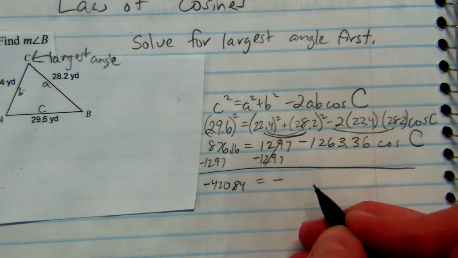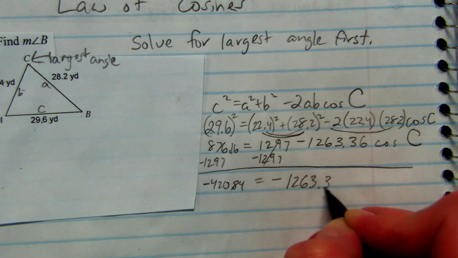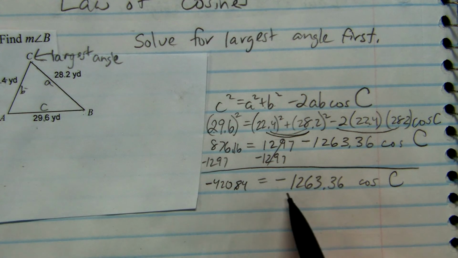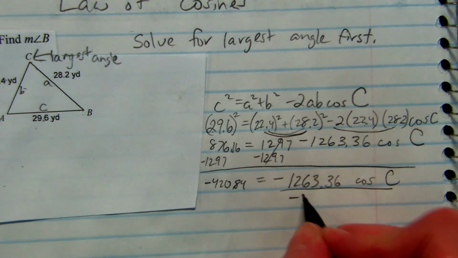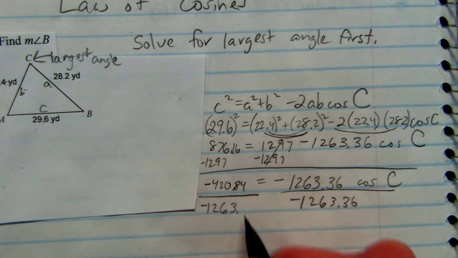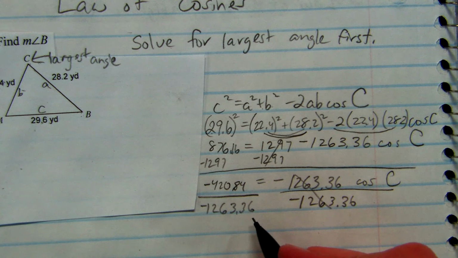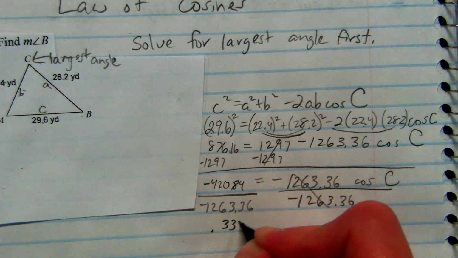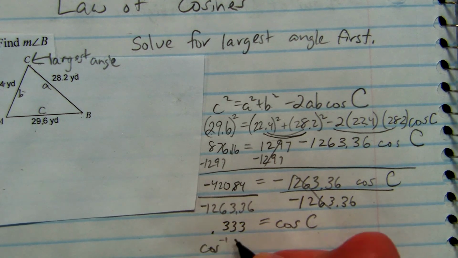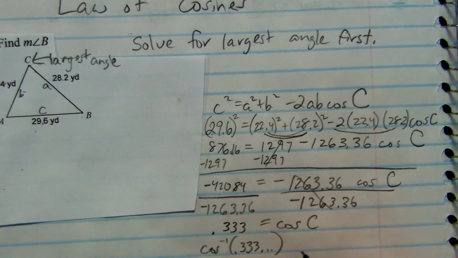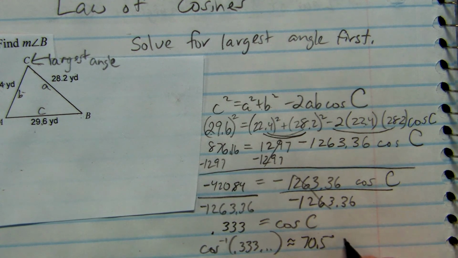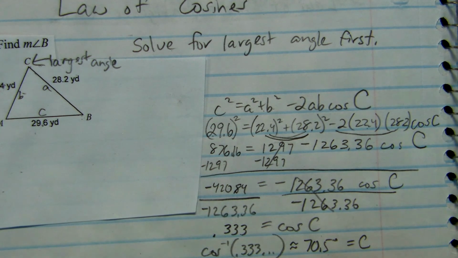And then over here we still have negative 1263.36 cosine of angle C. And then to get cosine C by itself, we divide, and so we get this decimal that's 0.333, kind of looks like a third, equals cosine of C. We'll do inverse cosine of that number, really close to 1/3, and we get approximately 70.5 degrees, and that's angle C.